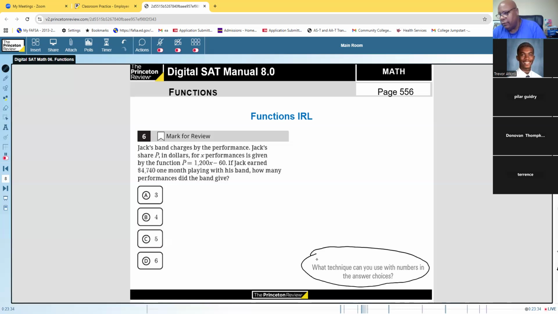This is one of those problems. Let's find out what we did here. What do you think, Pilar? What do I think the answer is? Yeah. I put B. And how did you come to that conclusion?